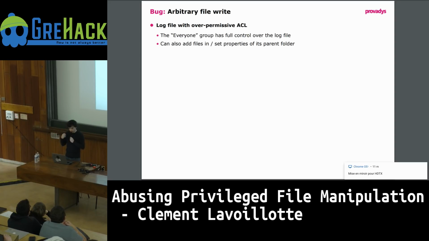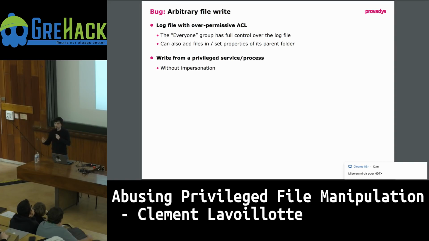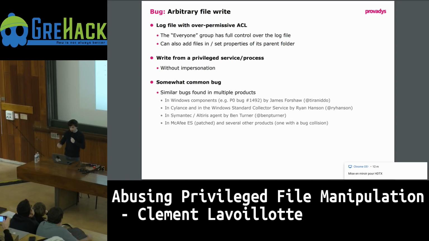So, for instance, many privileged processes will create log files, but on the logs that are created, because unprivileged users also need to, for instance, add content to this file, these log files have a very permissive ACL set on them, and the creation of the log file itself does not use impersonation. So this is actually pretty common. It was found several times just this year, for instance, on multiple components.